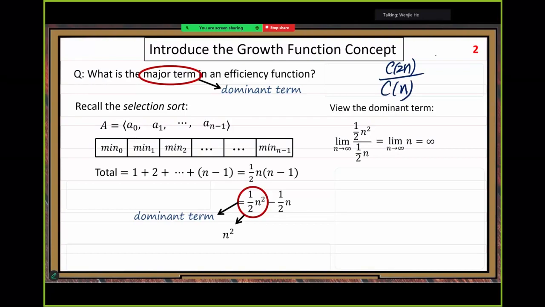So if you use this ratio to represent the increasing rate, that constant is not important. We want to look at how fast the efficiency function increases, at what rate. So from that point of view, the leading constant is not important.